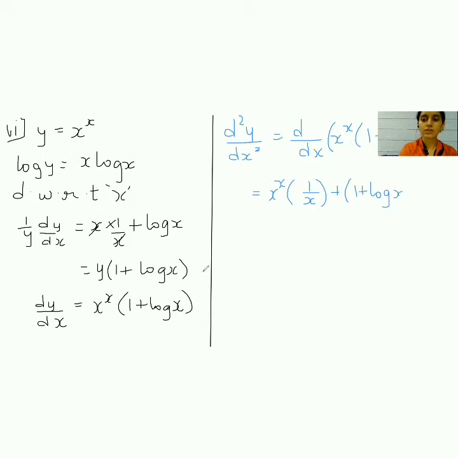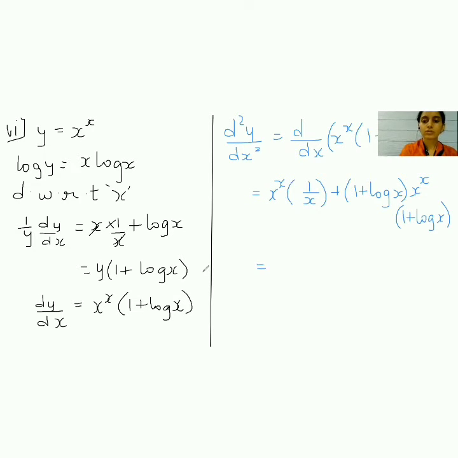And what is the derivative of x raised to x? Now x raised to x derivative we found out was y into 1 plus log x, that is x raised to x 1 plus log x, right? So we'll take x raised to x and 1 plus log x, right?